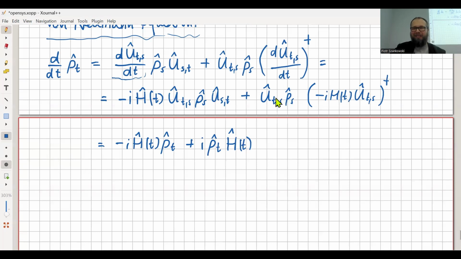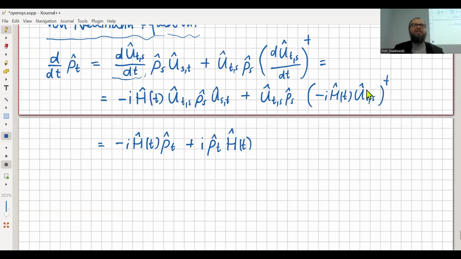Because when I take a dagger, I just exchange minus i into i, so plus i here. H goes to the right, U goes to the left. H dagger is H, nothing happens to H because it's a Hermitian operator.